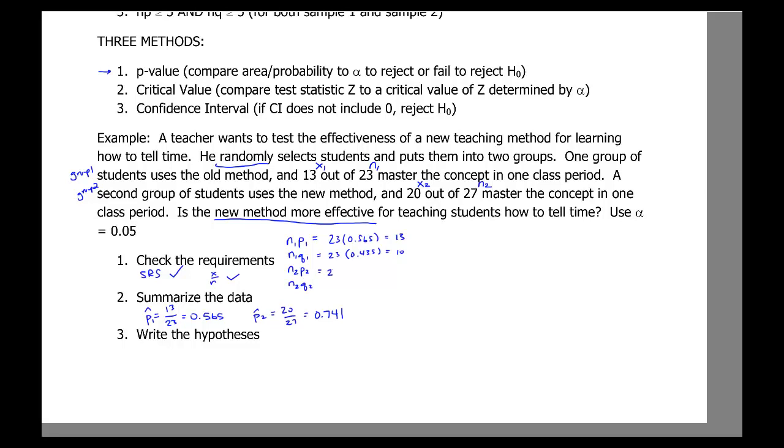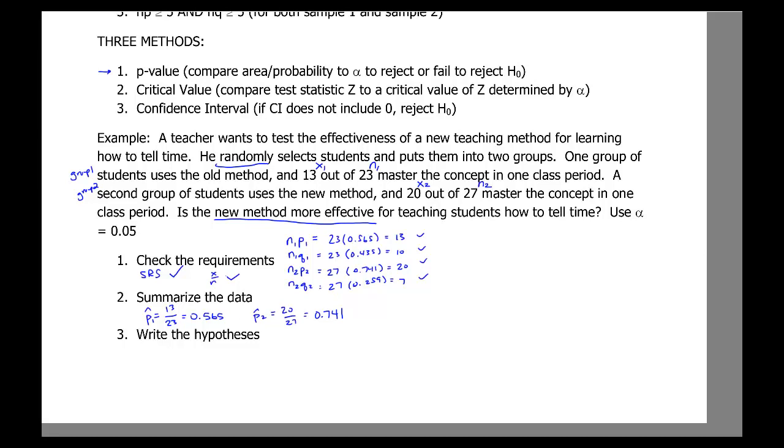N2, there are 27 in that group, and the proportion is 0.741. That would give us right about 20, and n2, 27 times 1 minus P2, which would be 0.259, is about 7. So all of these numbers are greater than 5, and we can proceed. So we've checked all 3 requirements.